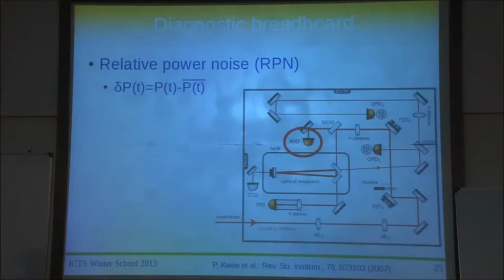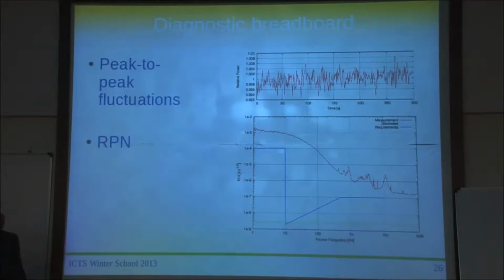And all you need to do that is basically a fast photodiode. You don't need this optical resonator. It's basically just the beam which goes to this photodiode, and then that photodiode monitors the power over a certain time. And what you expect would be something like that. So you get the power fluctuations over a certain time. You say it's like 5 minutes, and you have fluctuations of 1%.